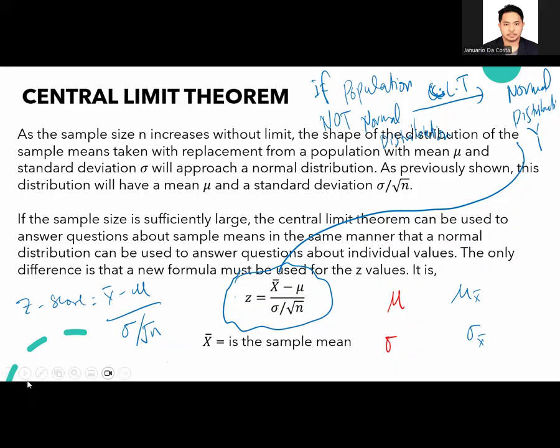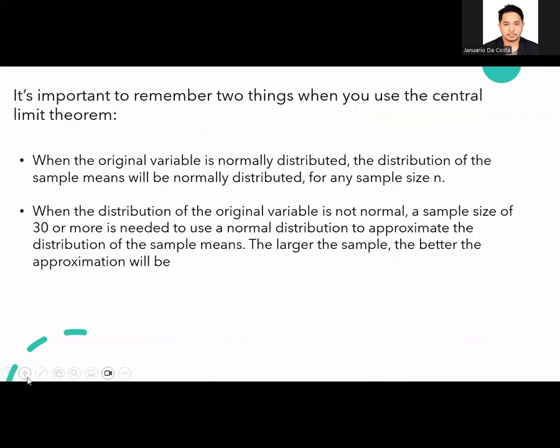I want to show you the simulation. It is important to remember two things when you use the central limit theorem. Read the first part. When the original variable is normally distributed, the distribution of the sample means will be normally distributed for any sample size n.